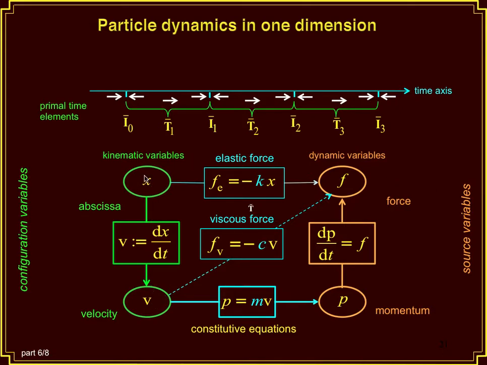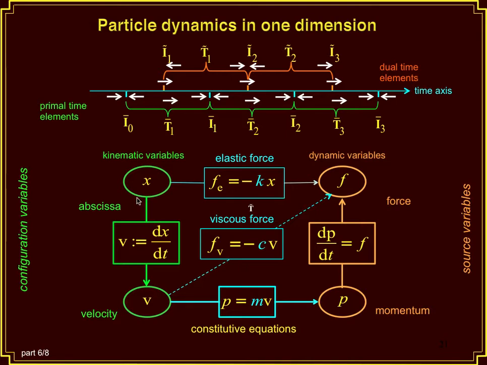And these elements are associated, as you can see here, with the primal time elements. On the right side, we have the dynamic variables, force and momentum. And momentum is linked to force with this equation, derivative of momentum equals force. And these elements here are associated with the dual time elements.